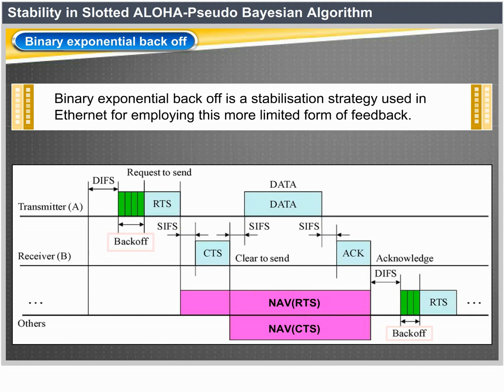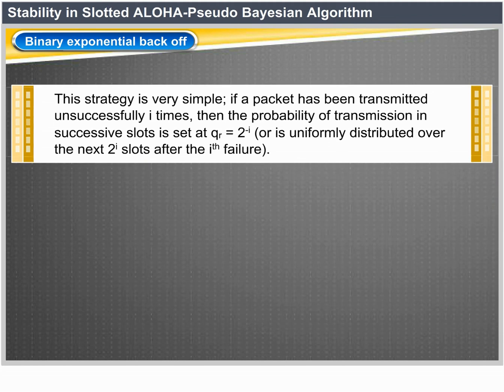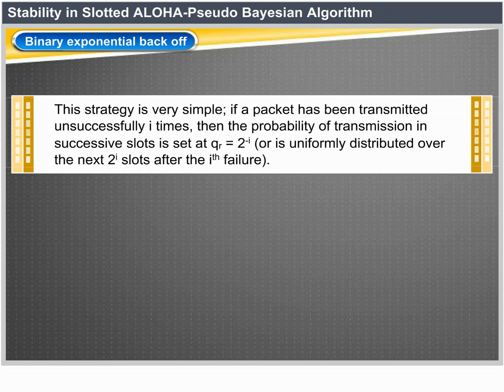This strategy is very simple. If a packet has been transmitted unsuccessfully i times, then the probability of transmission in successive slots is set at qr equal to 2 to the power minus i, or the transmission is uniformly distributed over the next 2 to the power i slots after the ith failure.